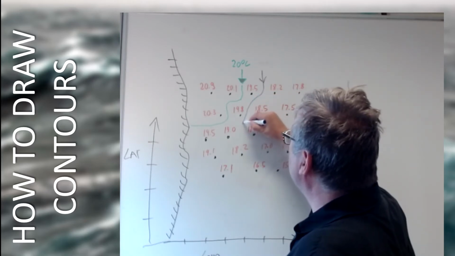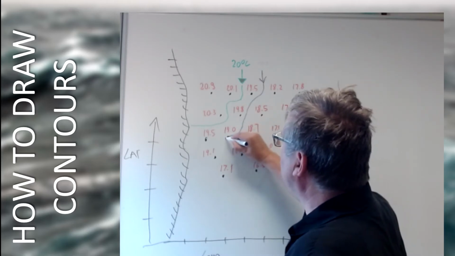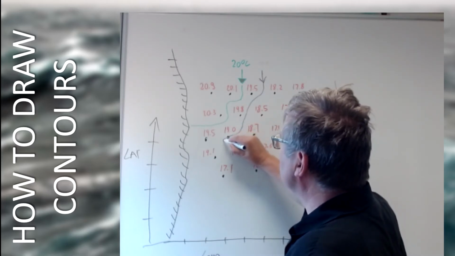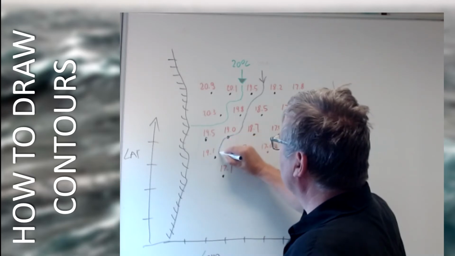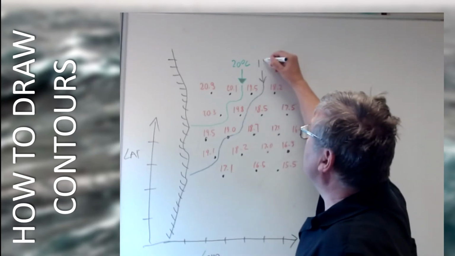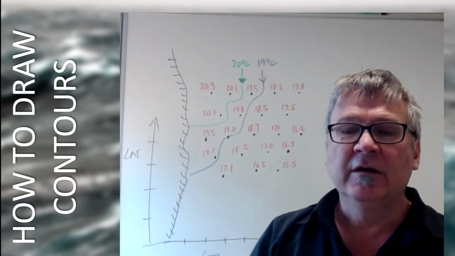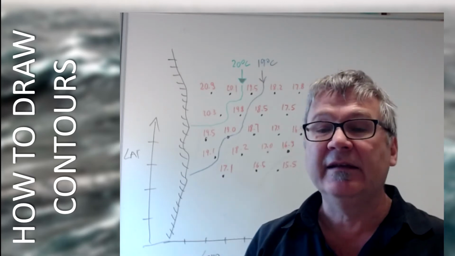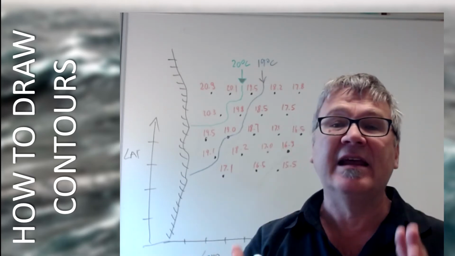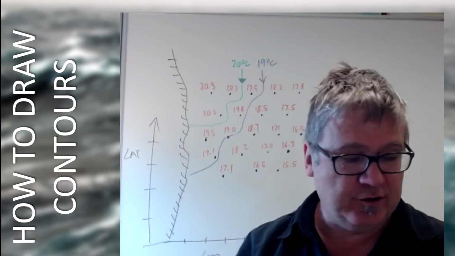And there is a value of 19 degrees, and the line has to go exactly through it, because this is supported. Then you end up again at the boundary. So this is my 19 degree Celsius, and if you have a value of exactly 19 degrees Celsius, your line has to cut through that point.